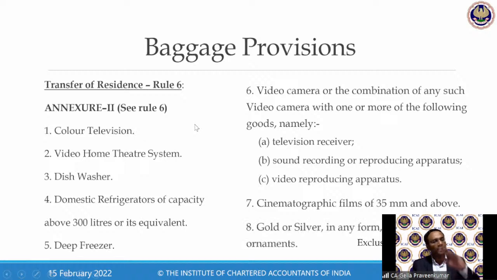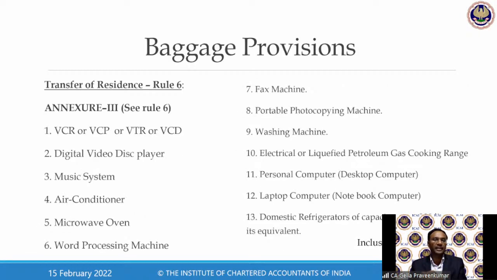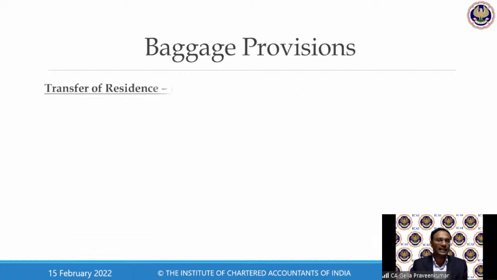So Annexure 1, what we have seen, those are up to a certain limit free, more than that taxable. Similarly, Annexure 2, this is taxable. Annexure 3, this is something which is permitted for you to import up to a certain value. Having read your Rule 3, Rule 4 and Rule 5, I'll skip this particular transfer of residence Rule 6. I'll come to the other provisions.